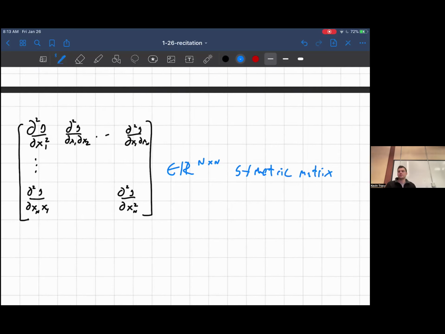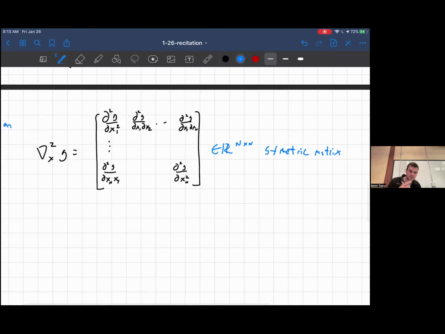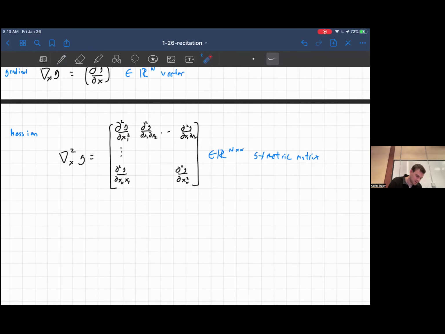So not always, but for every sort of function that we would care about in the real world, this Hessian will always be symmetric, which is nice because it means that we really only have to evaluate a little more than half of it to collect these values. And with modern auto diff tools, we actually don't have to do any of that.